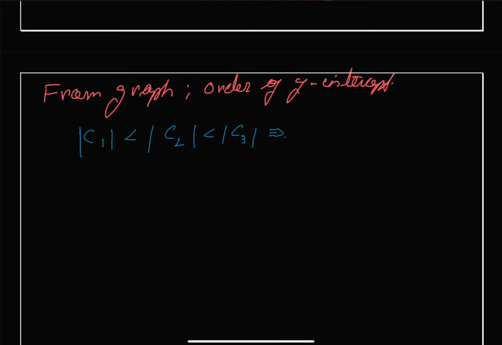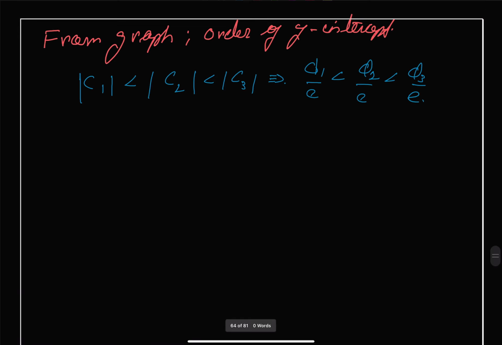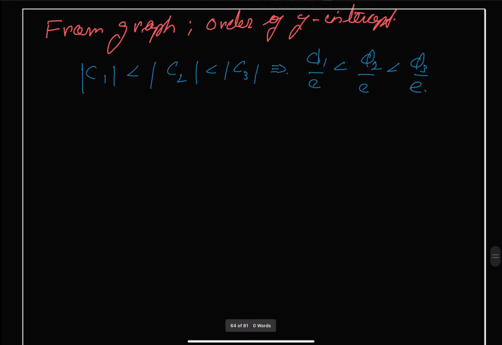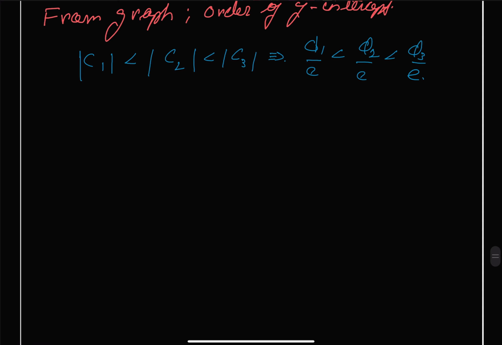Therefore we can write phi 1 upon E is less than phi 2 upon E is less than phi 3 upon E. So from here we can write that phi 1 is less than phi 2 is less than phi 3.